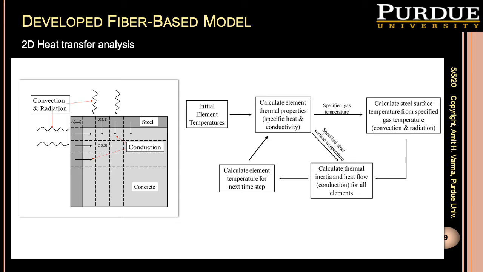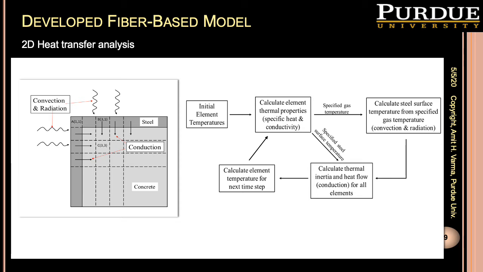At every step, the thermal material properties of each element are calculated based on the temperature of the element. Then the surface temperature of the section is calculated based on the gas temperature. If the surface temperature is specified by the user, this step can be skipped.